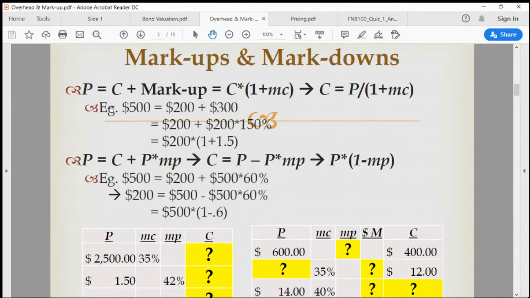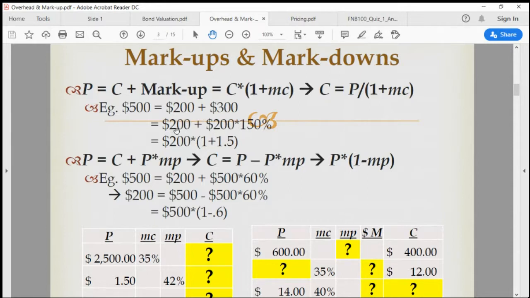in the Dell computer example, let's say the price is $500, and we've been assuming $300 as the production cost per unit. But just for this, let's assume that the production cost is $200 and markup is $300. Then we can express markup as some percentage of the production cost.